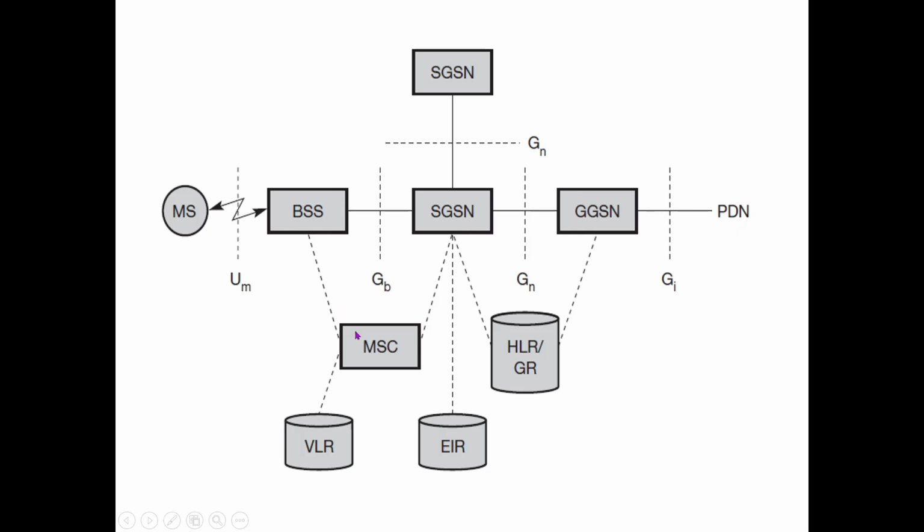The base stations will send requests to the mobile station controller and to the location register, and the SGSN is connected to the mobile station controller and home location register or GR and to the EIR. This is the architecture for GPRS.